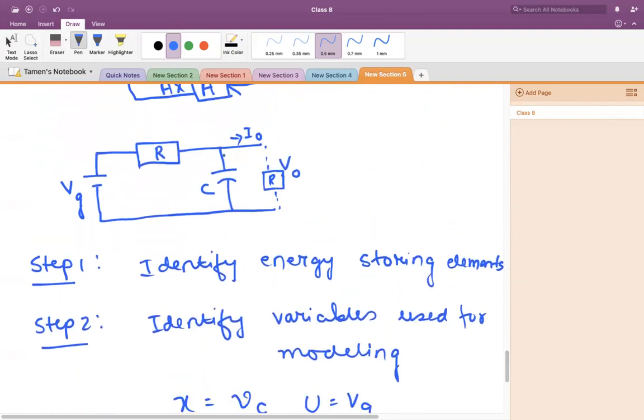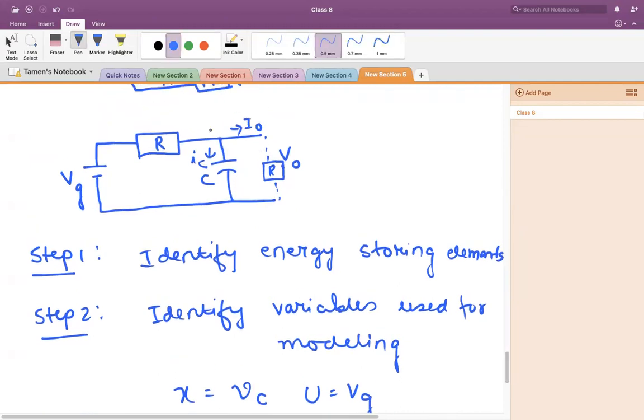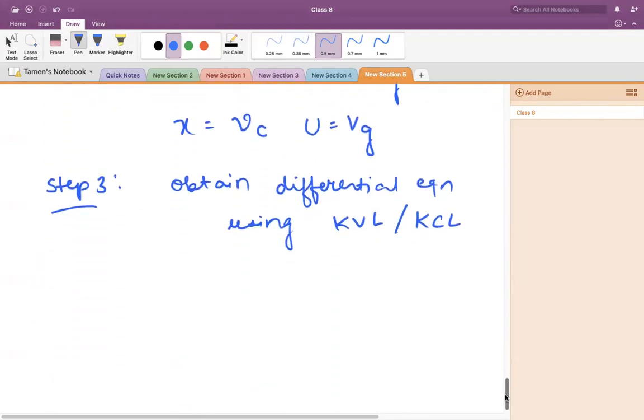So what will be the current IC? IC will be equal to IR minus I0. Suppose I consider this as IR. Yes, it will be because of KCL, right?